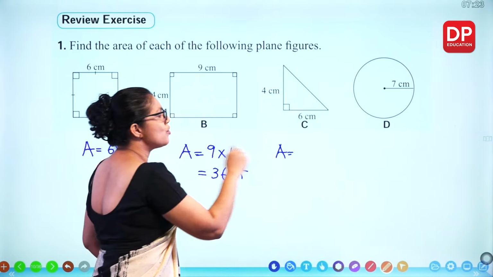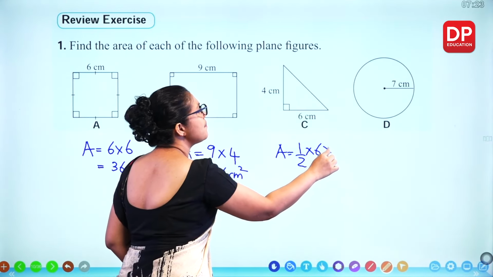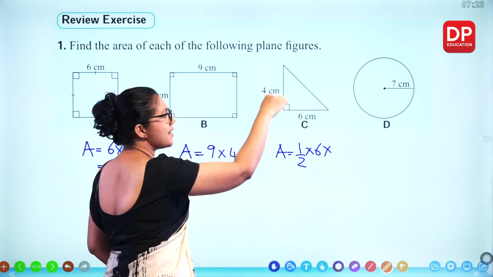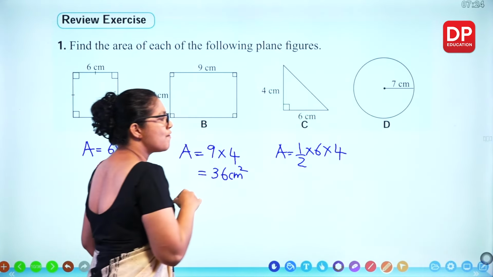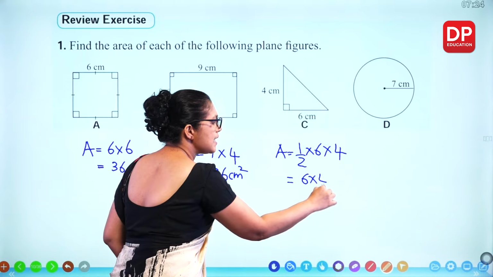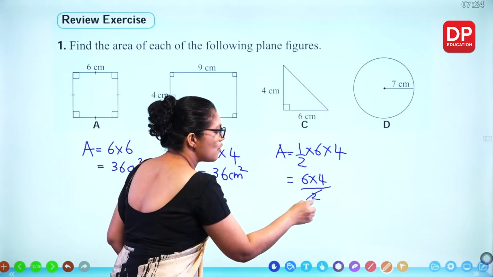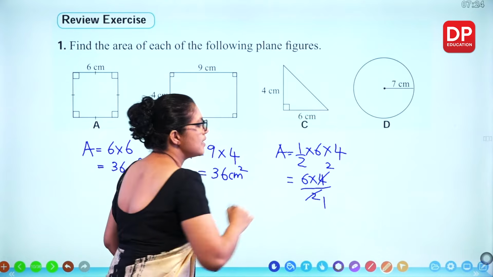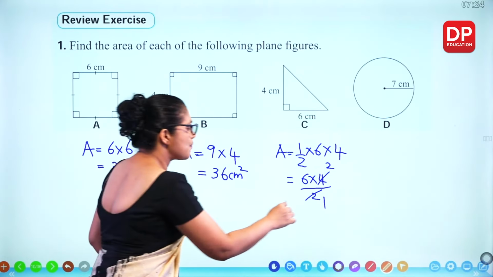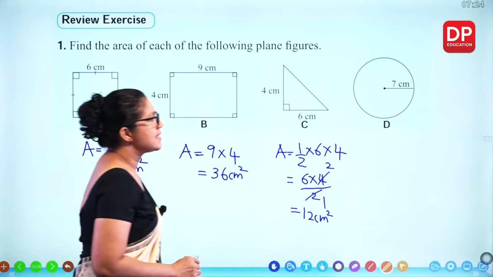Area is equal to half times base length times the perpendicular height. The perpendicular height is 4. Now try to simplify 6 and 4 in the numerator and 2 in the denominator. So you can cross it out, 2 with 1, 2 with this one, 2. 6 times 2, 12 square centimeters.